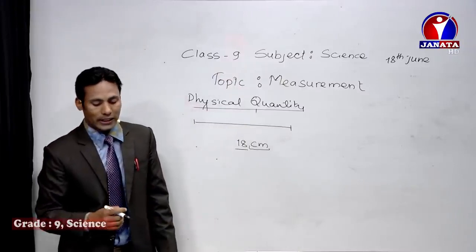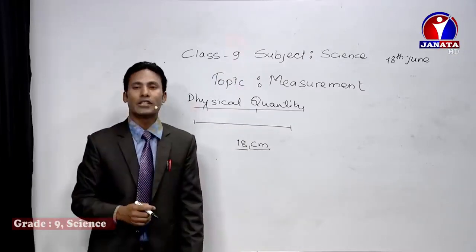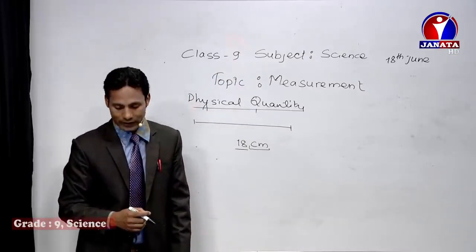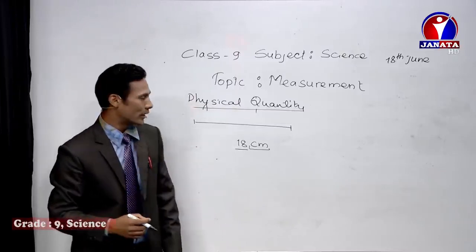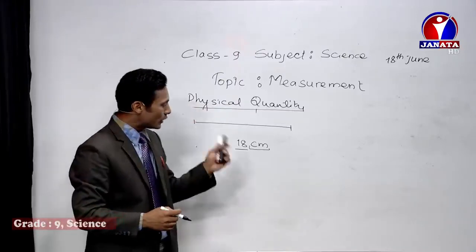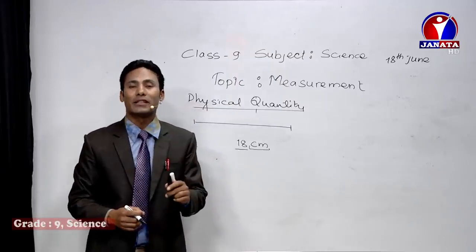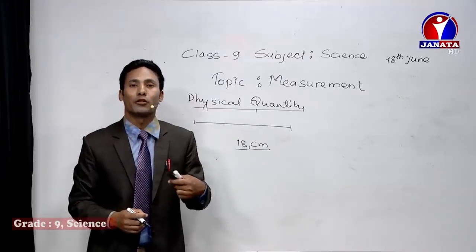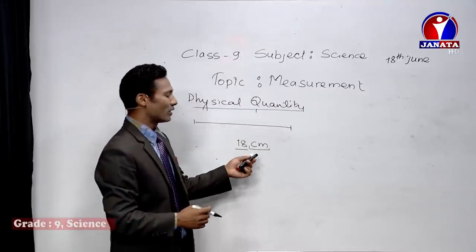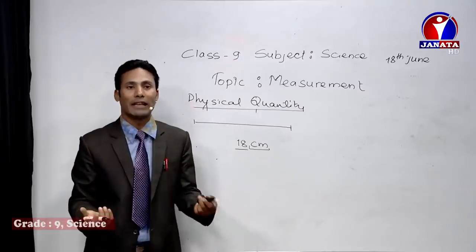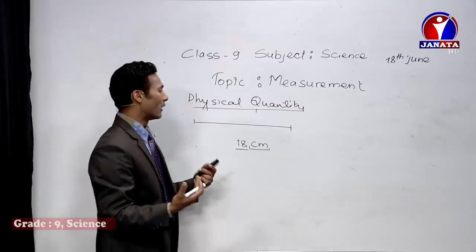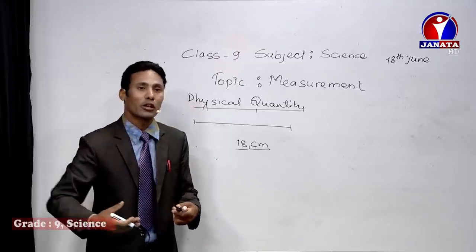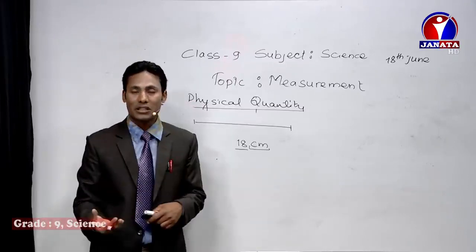So the unit is the standard quantity which is used for comparing the unknown physical quantity. Especially, a unit can measure similar kinds of quantity. For example, centimeter we can use for measuring length, height, distance; for comparing those we can use centimeter, meter.